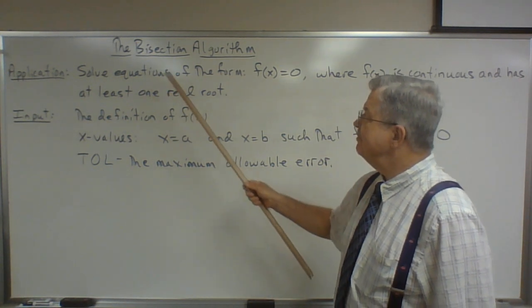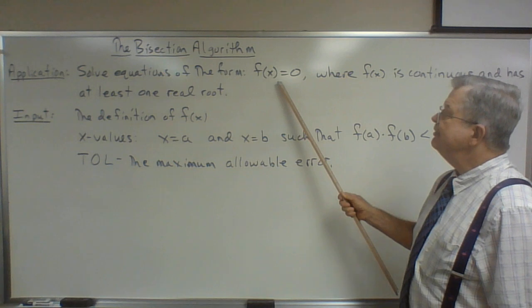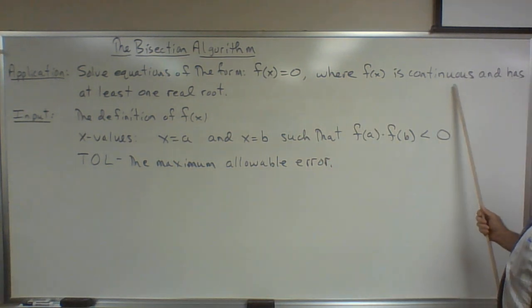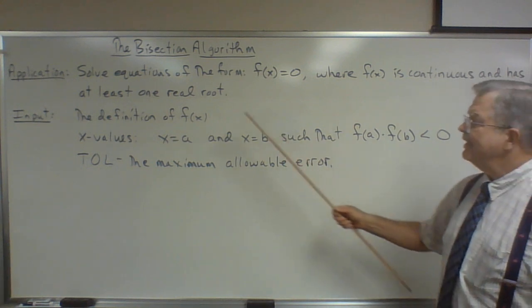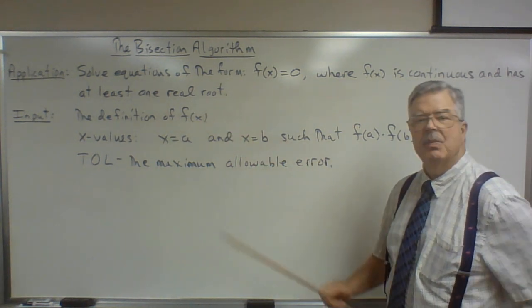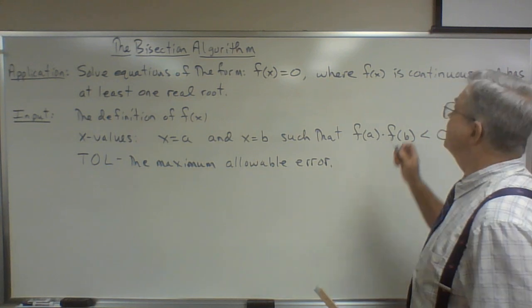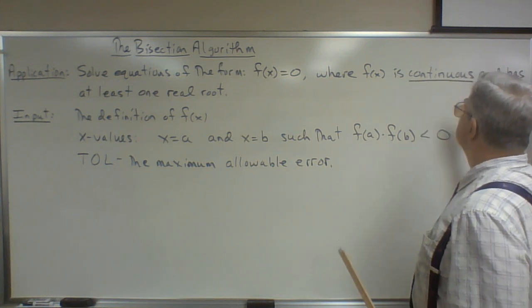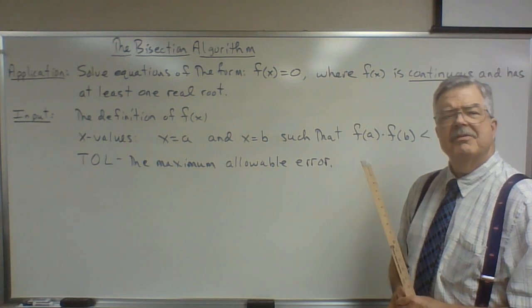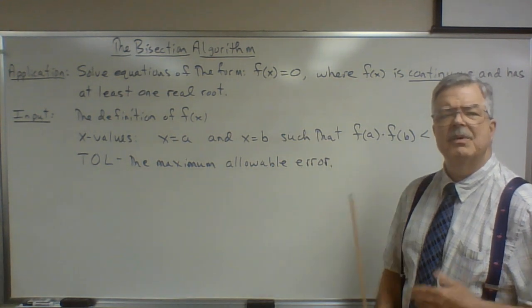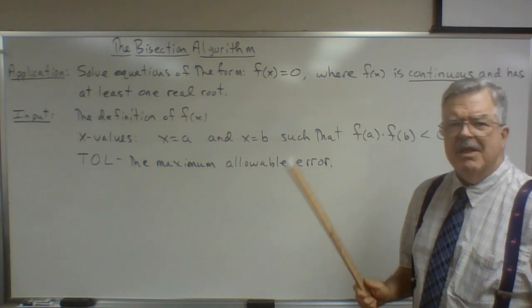The application: solve equations of the form f of x equals 0, where f of x is continuous and has at least one real root. Now, something we should notice here: the restrictions here are not quite as rigid as what we had for Newton's method.